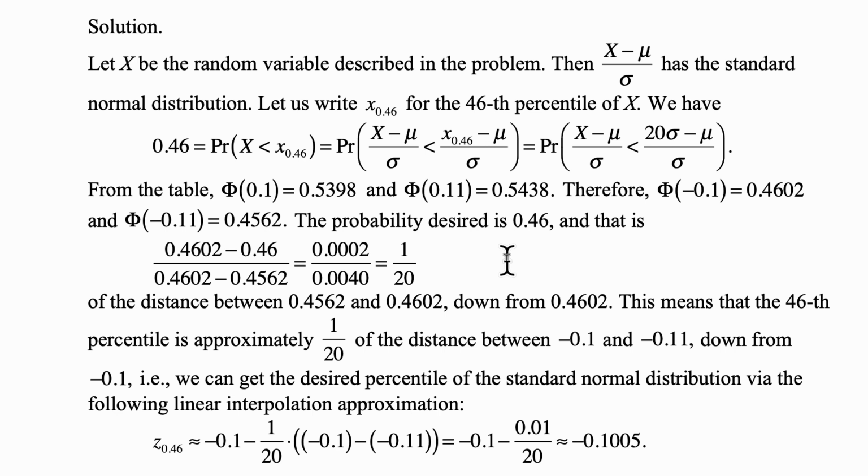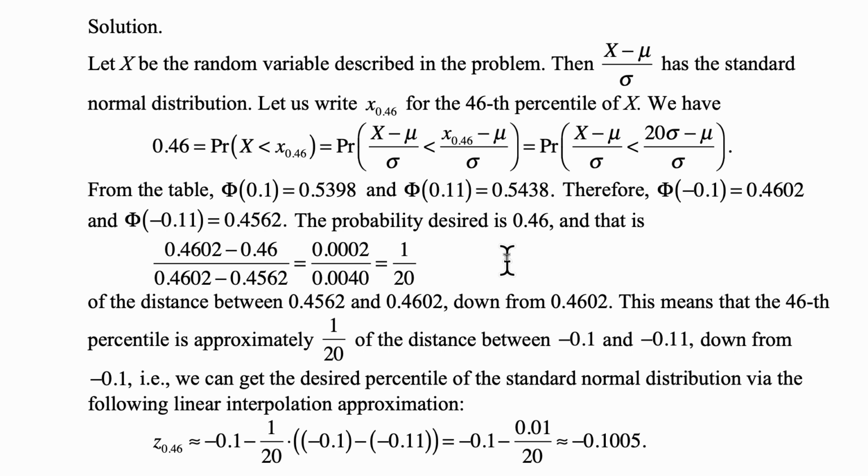So the distance from 0.46 to 0.4602 is 1/20th of the distance from 0.4562 to 0.4602. This means that the 46th percentile is approximately 1/20th of the distance between negative 0.1 and negative 0.11, down from negative 0.1, because 0.4602 corresponds to negative 0.1.